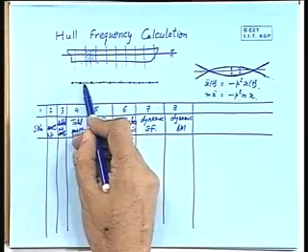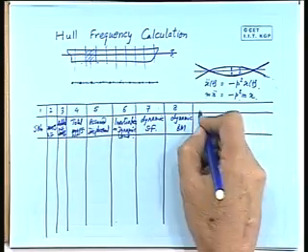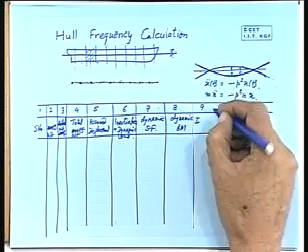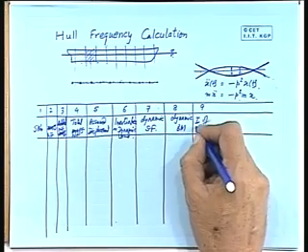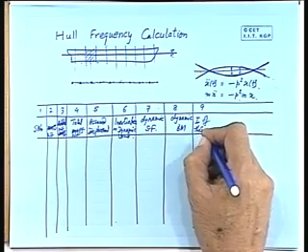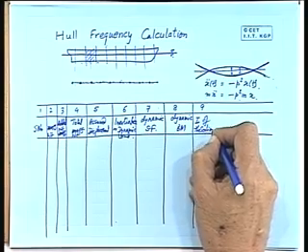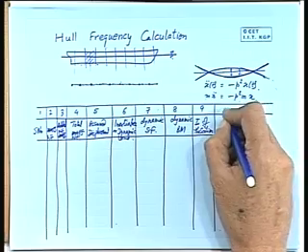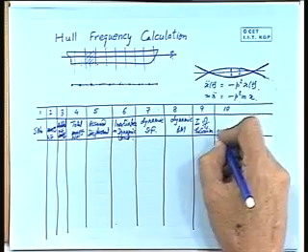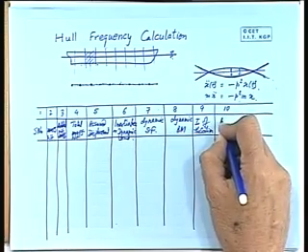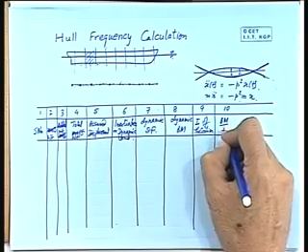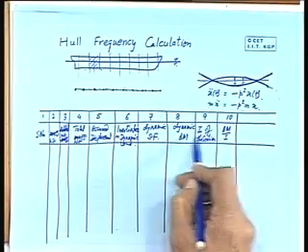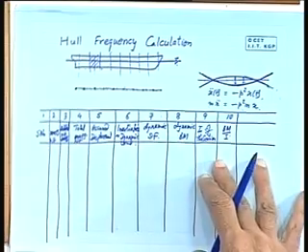And then at all these sections, you know what is EI, or simply I of the section. And then you try to find out what is BM by I. This divided by this is equal to this.